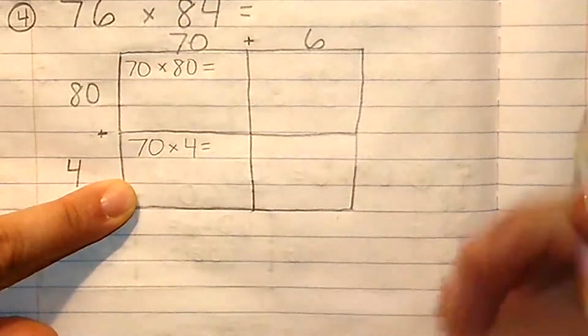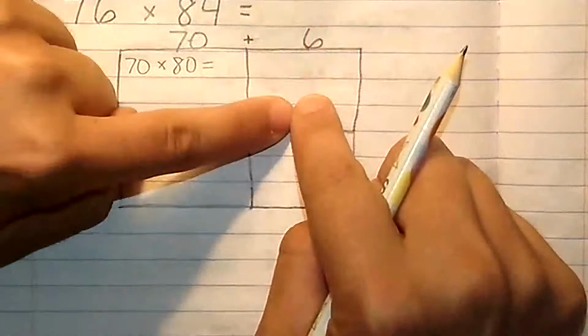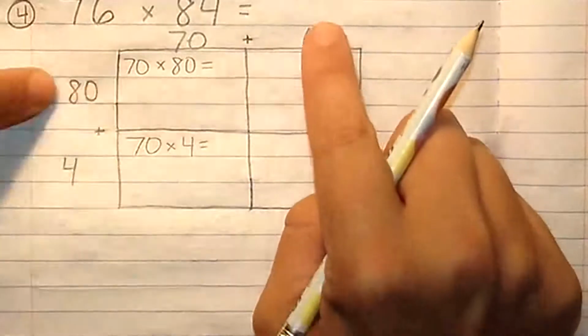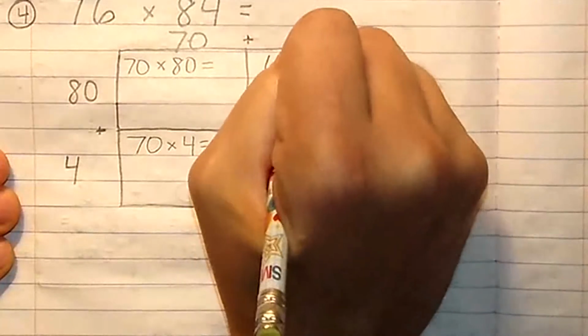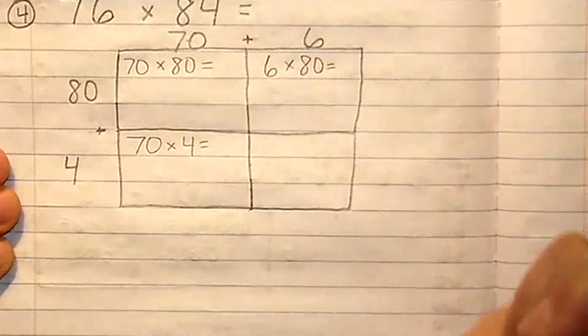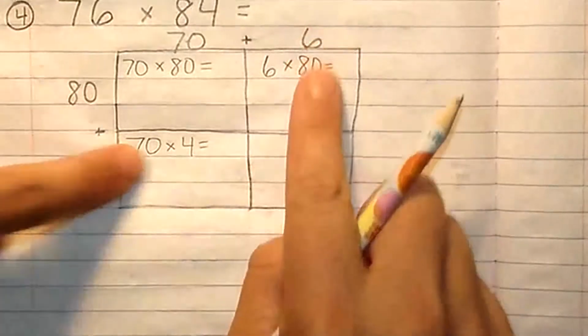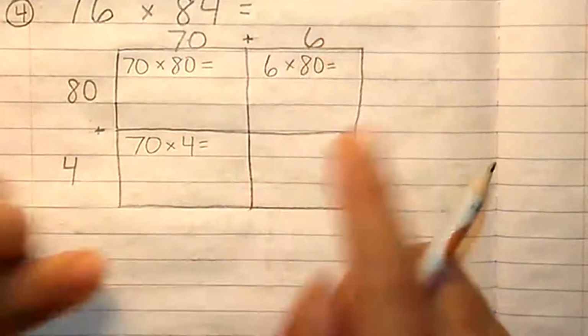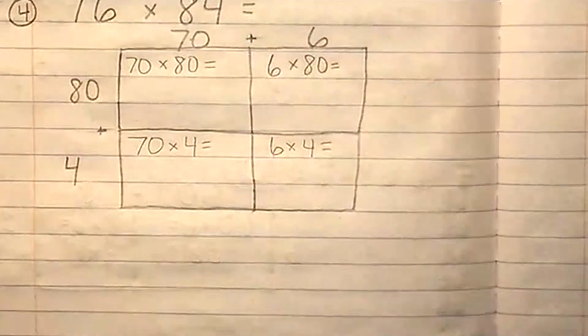Good job. Now let's come over here. What 2 numbers go in this box right here? 6 times 80, or 80 times 6, it doesn't matter. Remember, it's commutative. You can change it around any way you like. And then what about the last box? 6 times 4. All right.